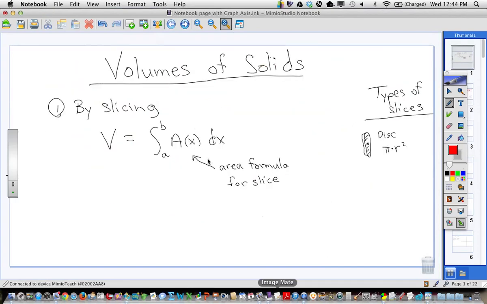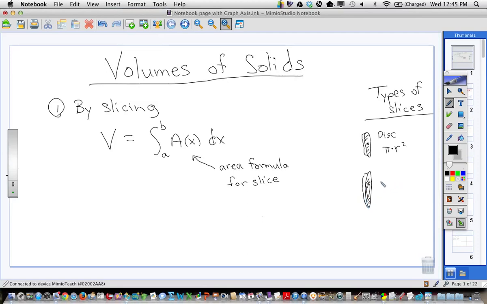Well, if we come back to this, we need the area of the slice. Okay, well, if the slice is a washer shape, let me see if I can draw one. And we'll have these in our notes again at some point, but it's possible that the slice is a washer, a donut.